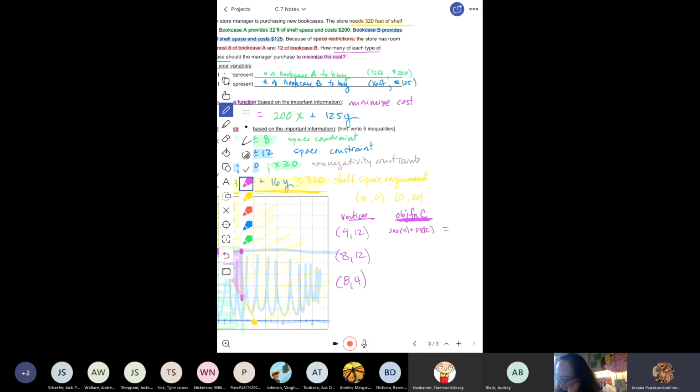You have calculators. Do each of these and tell me what they are. I'm just evaluating the objective function at each of these vertices. At the point (4, 12), what is the objective function? Somebody do the arithmetic.